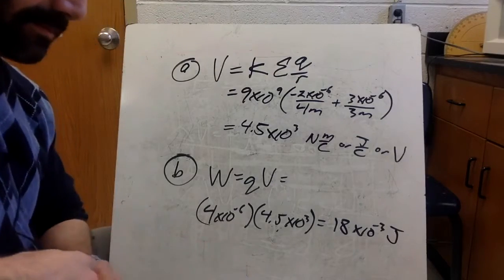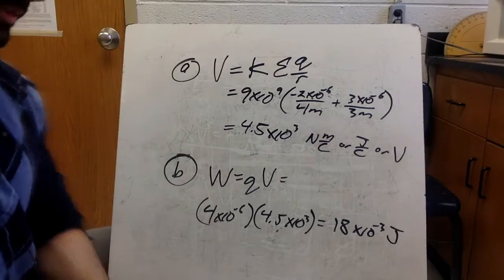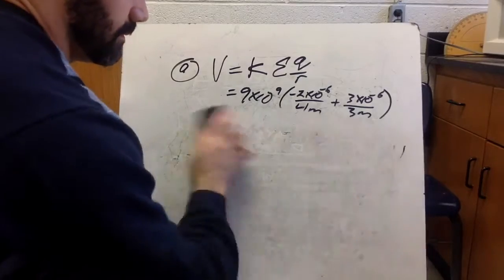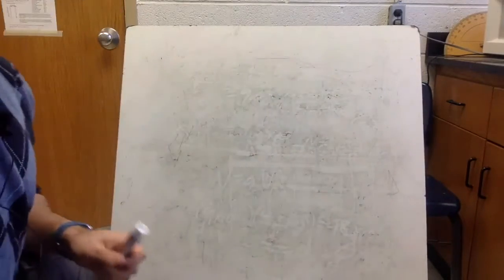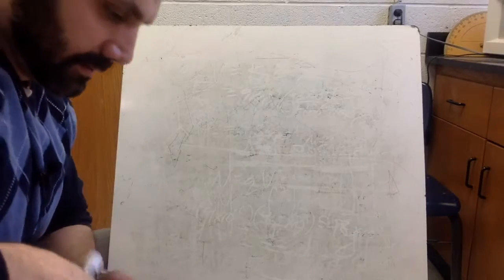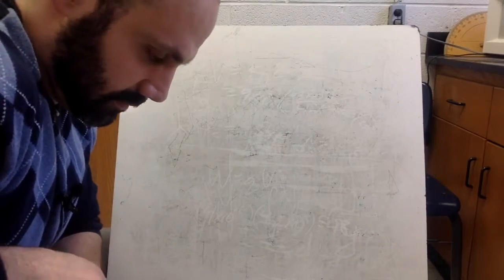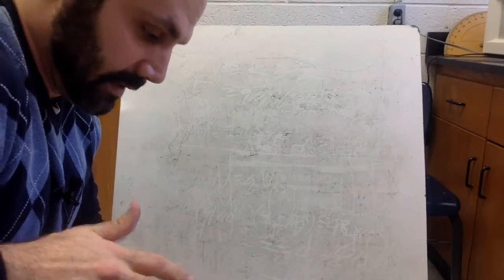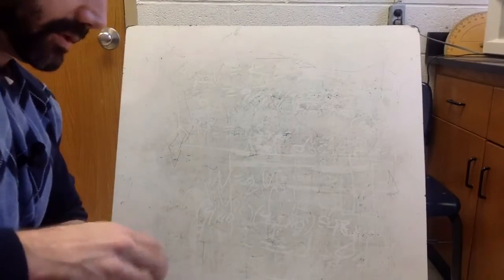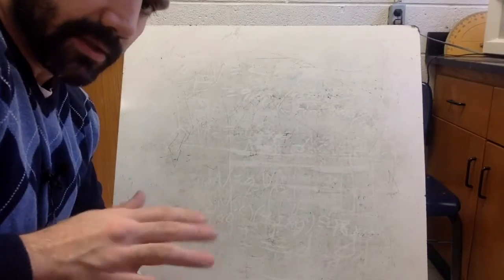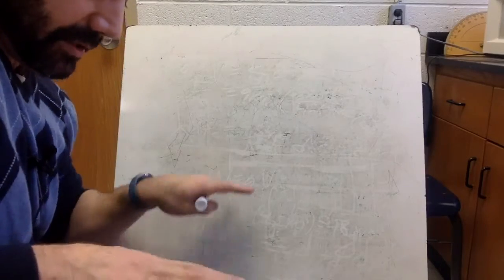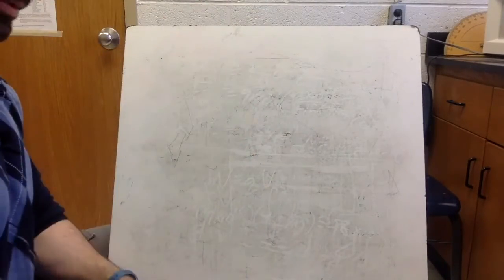Example 2: where does V equal 0? Remember here that V is a scalar, and we're not asking about electric field. That's going to be different. The way I would recommend doing this is thinking of it as a sheet that's stretched out, where positives push up in the sheet and negatives pull down.